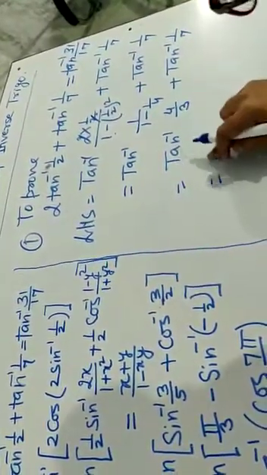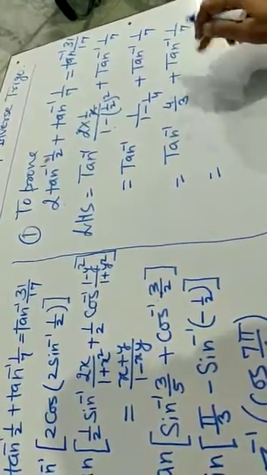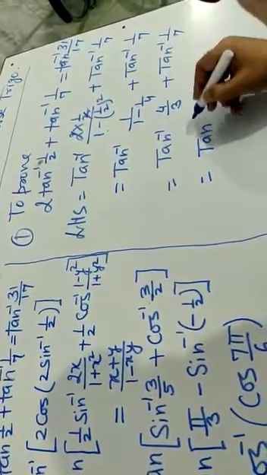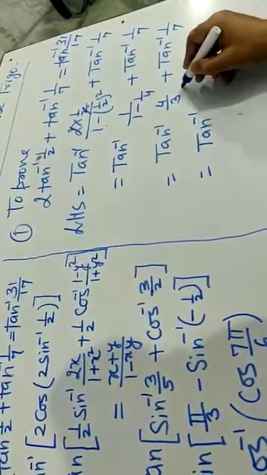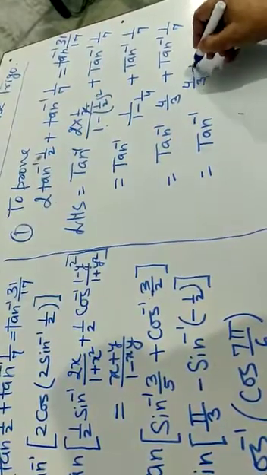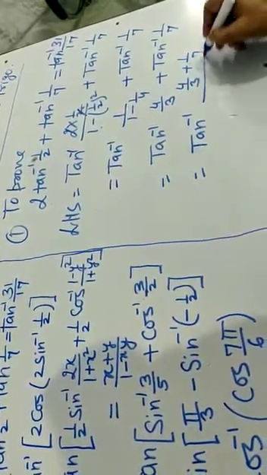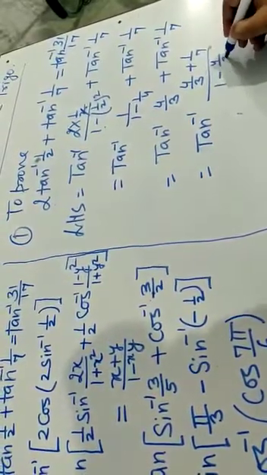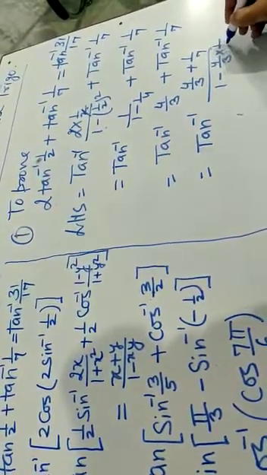Now you use the compound formula for tan inverse x plus tan inverse y: tan inverse of (4 by 3 plus 1 by 7) by (1 minus 4 by 3 into 1 by 7).